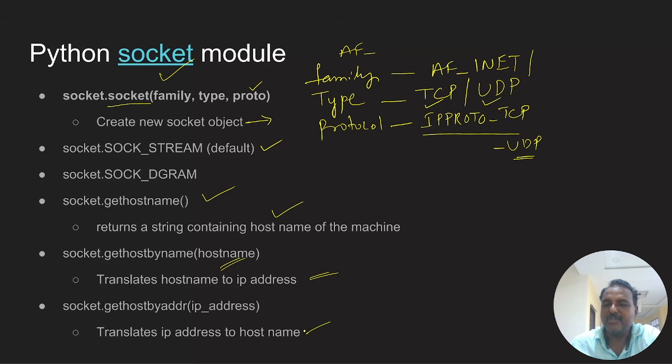So whenever I want to convert a host name string into an IP address, or an IP address into a string, we use these two functionalities. A host name is in the form of a string, and if I want to convert that string to an IP address, I perform the operation called get host by address.